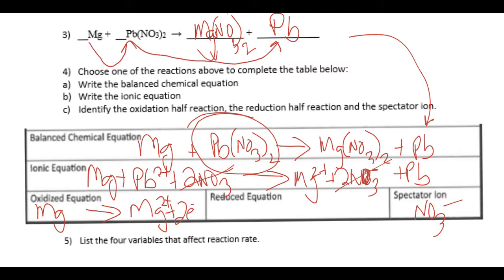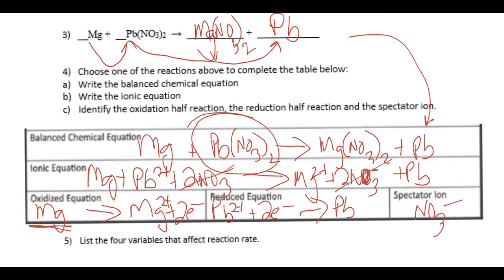And another way to double check it is that you got 2 negative electrons that are canceling the 2 plus of the magnesium itself, giving you 0 charge overall, and the magnesium on the right here has a 0 charge overall. It's just a solid metal. So by default, that means my other one is gaining electrons. Here I am. I'm gaining my electrons, and it's turning into my lead metal.